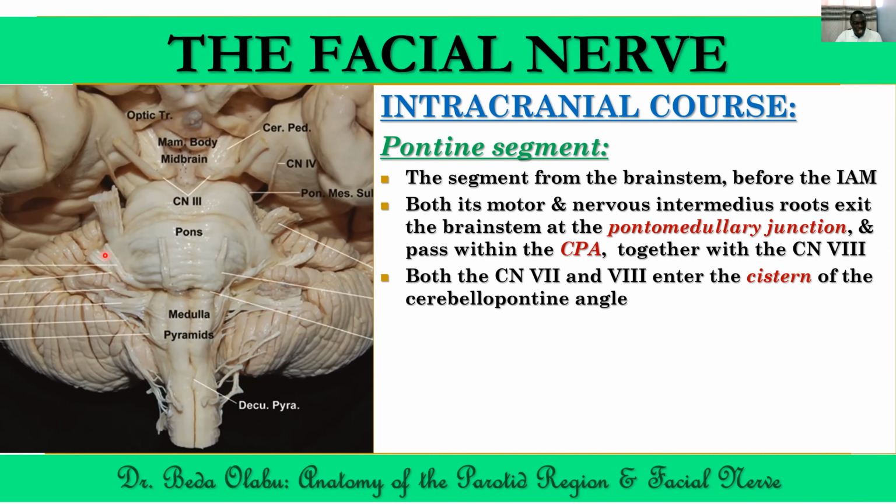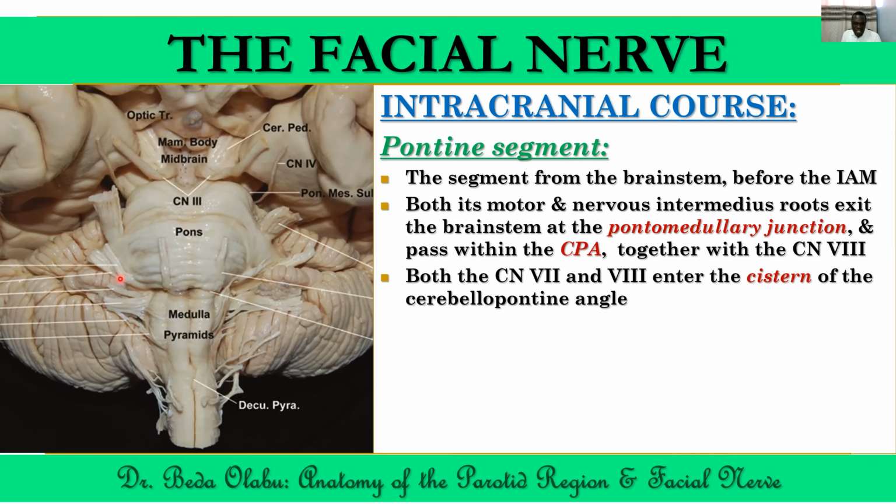Both the facial nerve and the vestibulocochlear nerve pass through a cistern within here. A cistern is an enlarged subarachnoid space. Subarachnoid spaces contain cerebrospinal fluid. So an enlarged subarachnoid space is called a cistern. The cistern that is found here is called the cistern of the cerebellopontine angle.